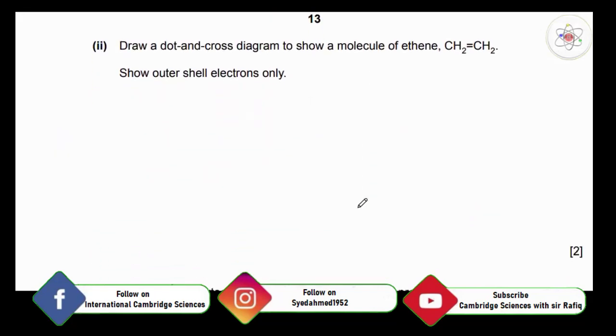Draw a dot and cross diagram to show a molecule of ethene. So if we show dots for electrons of carbon atoms and crosses for electrons of hydrogen atoms, you know that in ethene carbon is bonded to carbon by means of a double covalent bond, meaning 2 pairs are shared between the 2 carbon atoms, right?